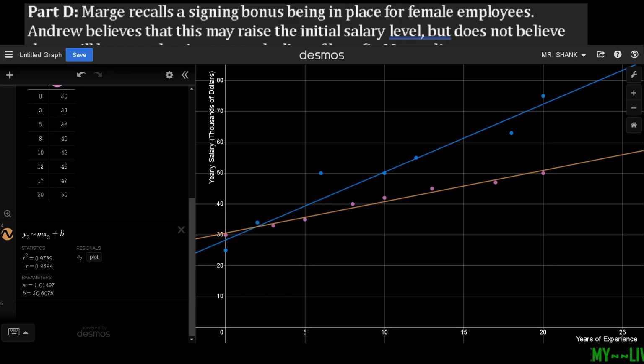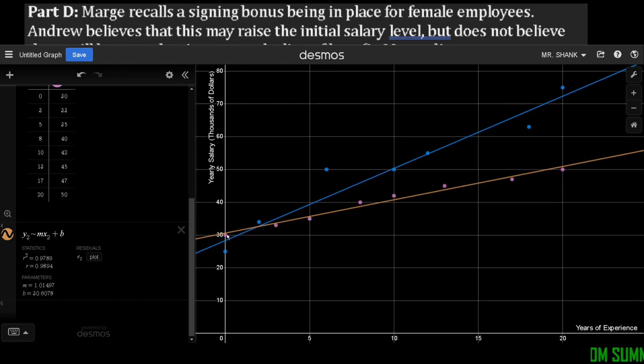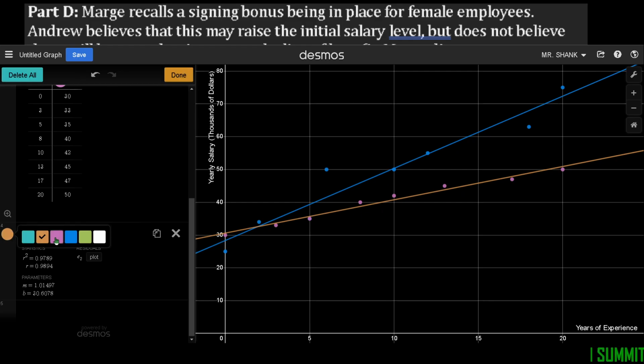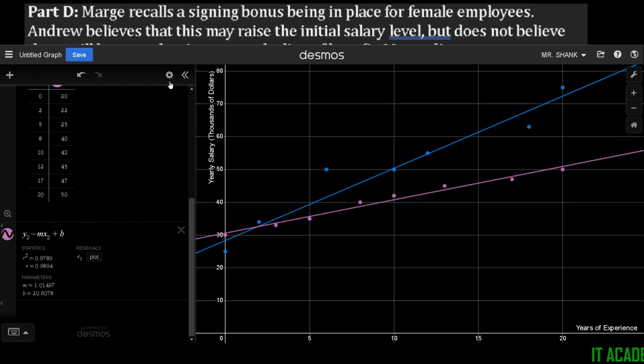What that means is, as we're looking at this graph, we can say, okay, if you look at that y-intercept, it is higher than the blue line. So we're looking at this pink line, let me actually change that to pink so that way it matches. Looking at this pink line, the y-intercept is higher, so the initial starting pay is higher.